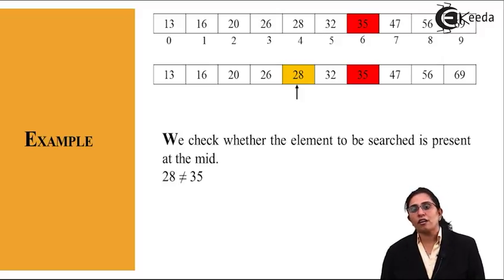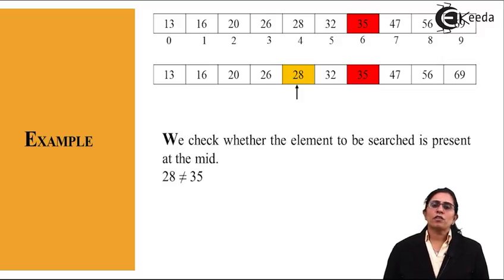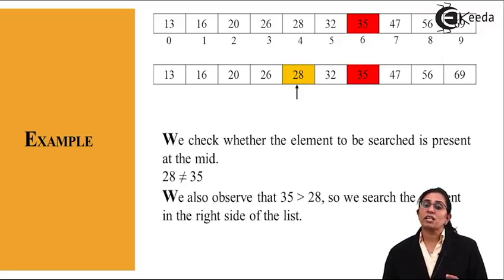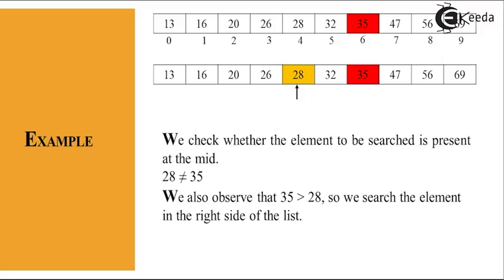Now what is the next condition? The next condition is I search whether my element is present on the left side of the subarray or the right side of the subarray. To find out, we observe that 35 is greater than 28. So we search the element in the right side of the list.